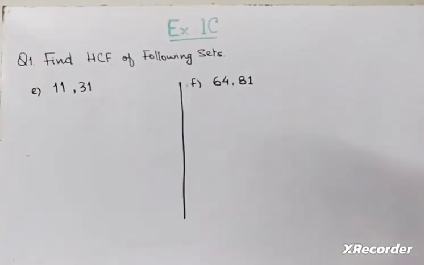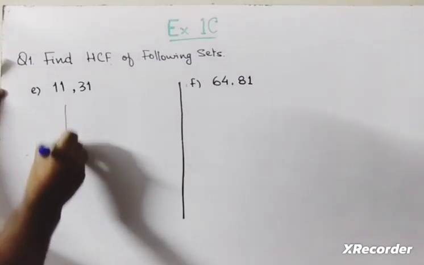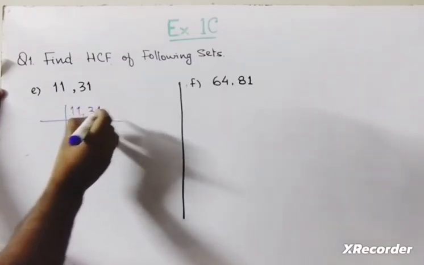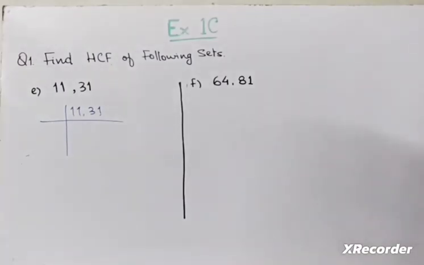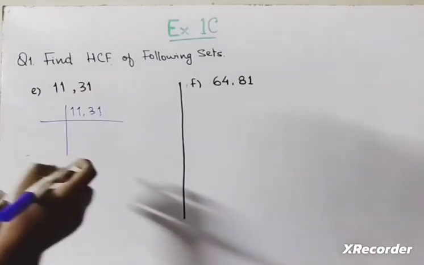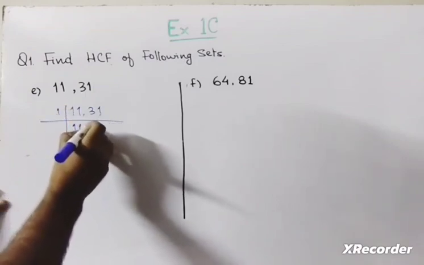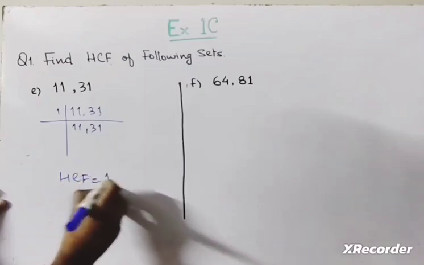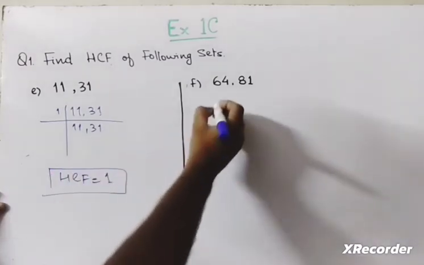Now for part E, 11 and 31. We check if any number can divide 11 or 31. As we know, 11 is a prime number as well as 31, so there is no common factor between them, so our answer will be 1. Part F, 64 and 81.